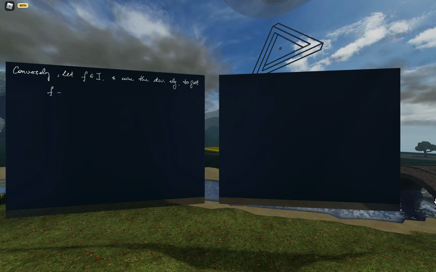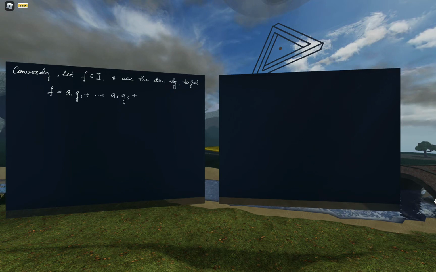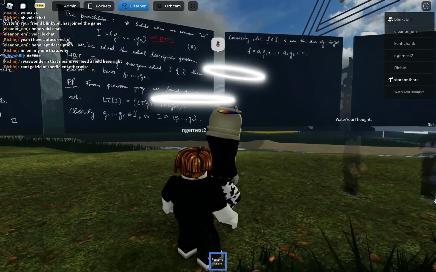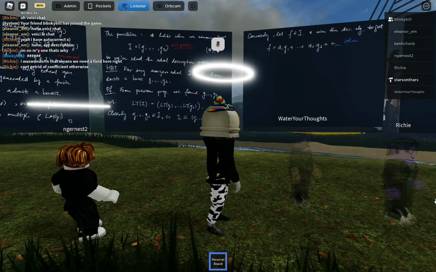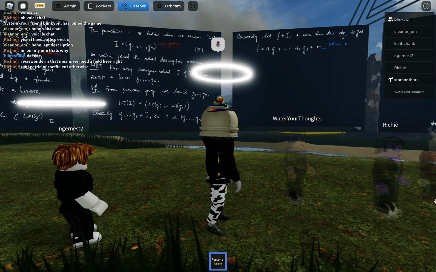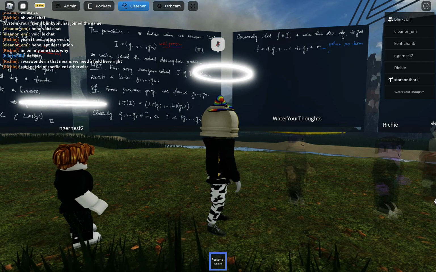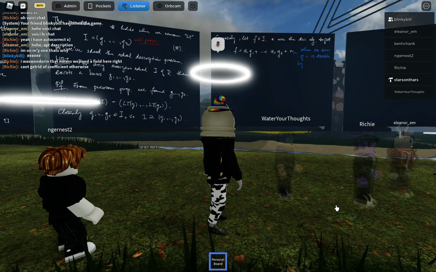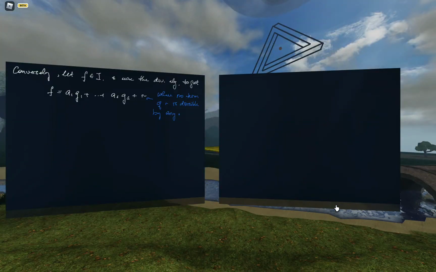So we know that we can carry out a bunch of steps to get F equals A1G1 plus and so on up to ASGS plus some remainder term R, where, as in the theorem of the division algorithm, no term or summand of R is divisible by any of LT of GI, where I ranges from 1 to S.